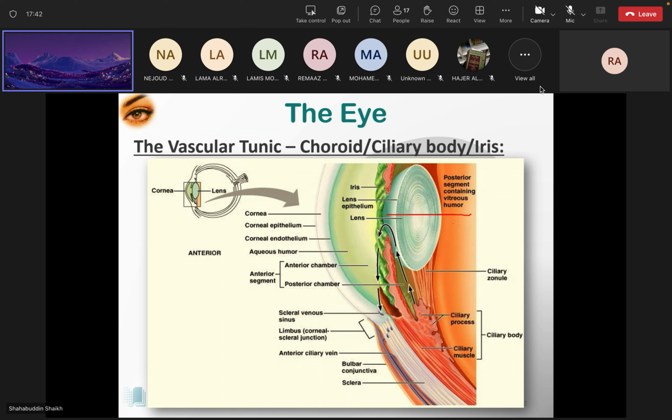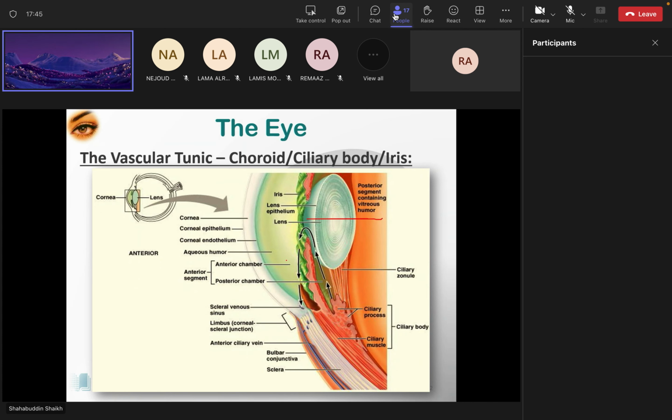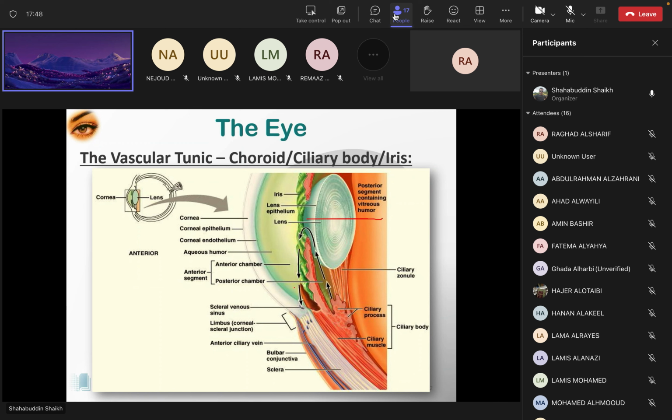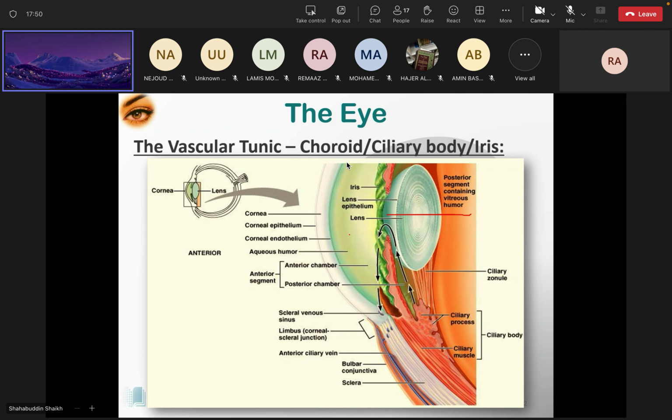I'll come to the posterior part later on. But for the anterior part, this will also maintain shape. If fluid is lost, the cornea will collapse. The cornea is very thin actually. So it will not remain curved like this, it will collapse like this. Clear?